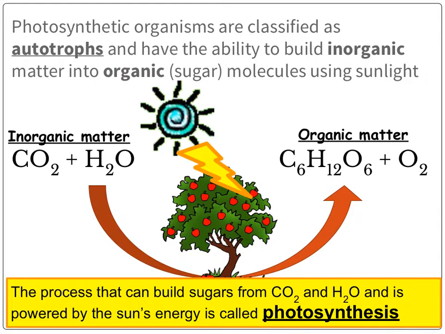The process that can build sugars from the inorganic molecules, CO2 and H2O, is powered by the sun's energy and is called photosynthesis. And just a note, oxygen is technically an inorganic matter molecule too. It is made during photosynthesis, but it's just a byproduct.